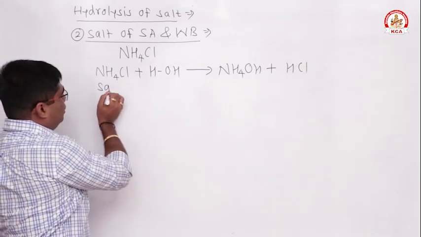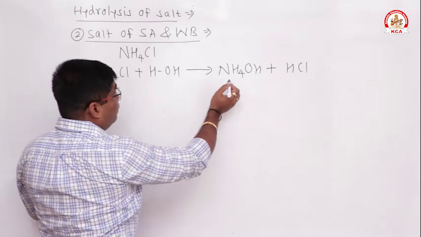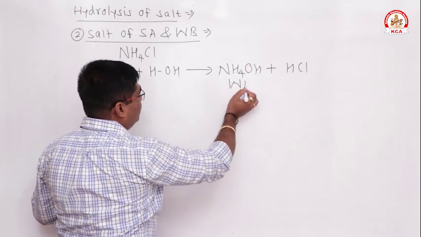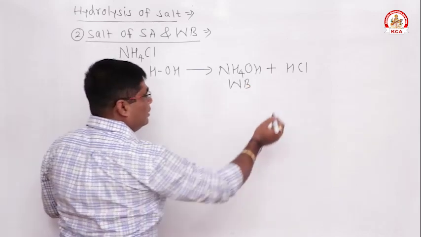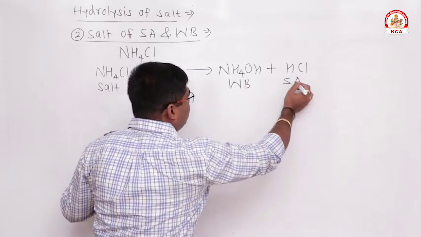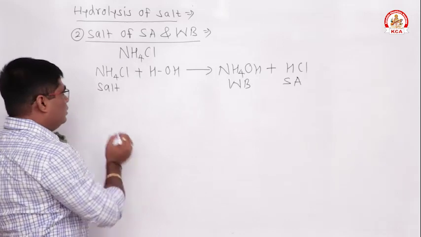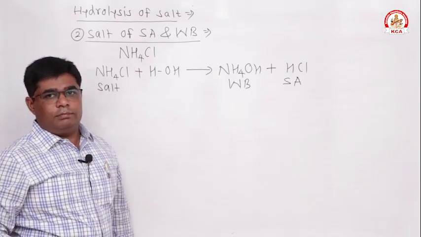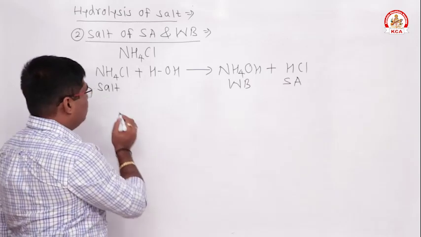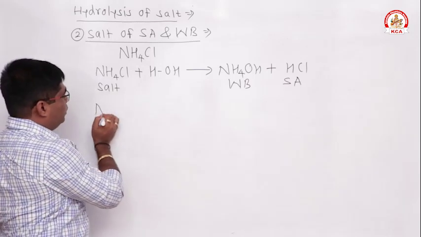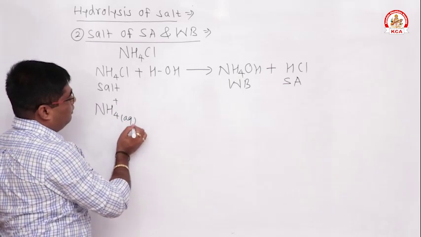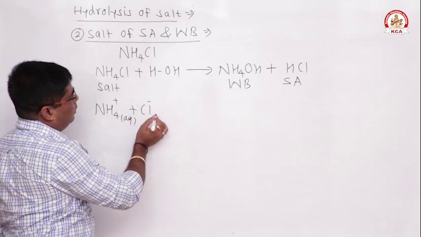NH4Cl, it is the salt. NH4OH, it is the base, but very interesting. What type of base? Weak base. HCl is acid. What type of acid? Strong acid. As it is salt, almost dissociate completely because most of the salts are strong electrolyte. Therefore, we also write that NH4 plus aqueous and Cl minus aqueous.